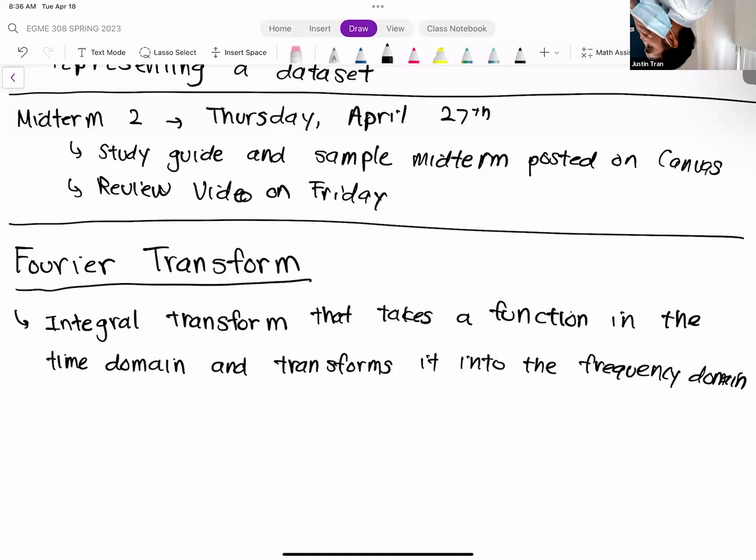Because whenever you see Fourier in practice, it's all about frequency.